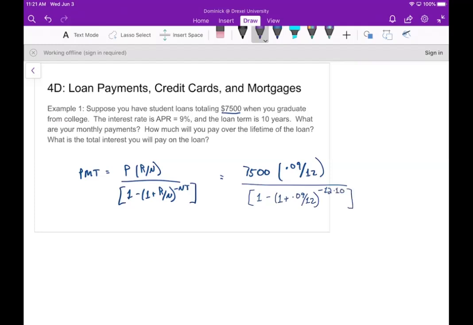And again, if you're going to enter this in the calculator, make sure that that exponent in the bottom is in parentheses, and also make sure that you use the negative sign and not the minus sign in your calculator, or else that might not come out either.